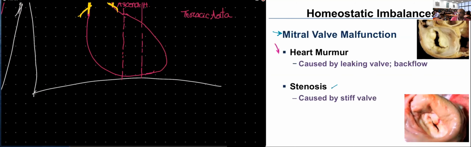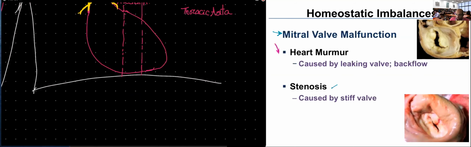The thoracic aorta travels through the diaphragm and will be called the abdominal aorta. We don't require you to know any branches coming from the thoracic aorta, but we've got a lot of branches coming from the abdominal aorta that we need for our upcoming exam.